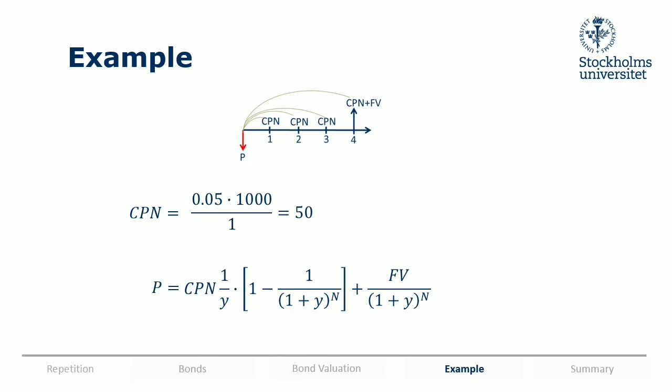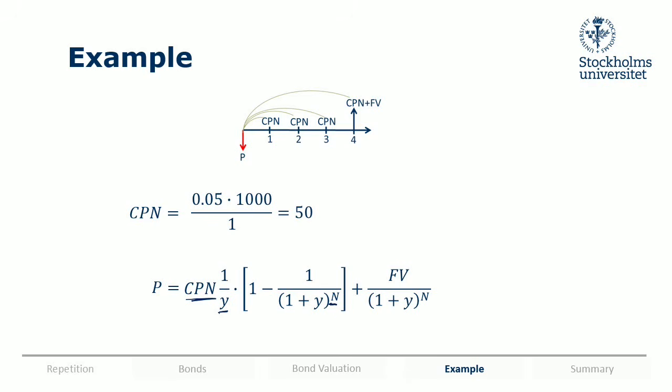So in order to calculate the price of the bond, we discount the coupon payments, and since the coupon payments are an annuity, we can use the present value of an annuity formula, where Y here is yield to maturity, or what you usually say the discount rate, and N is the amount of cash flows.